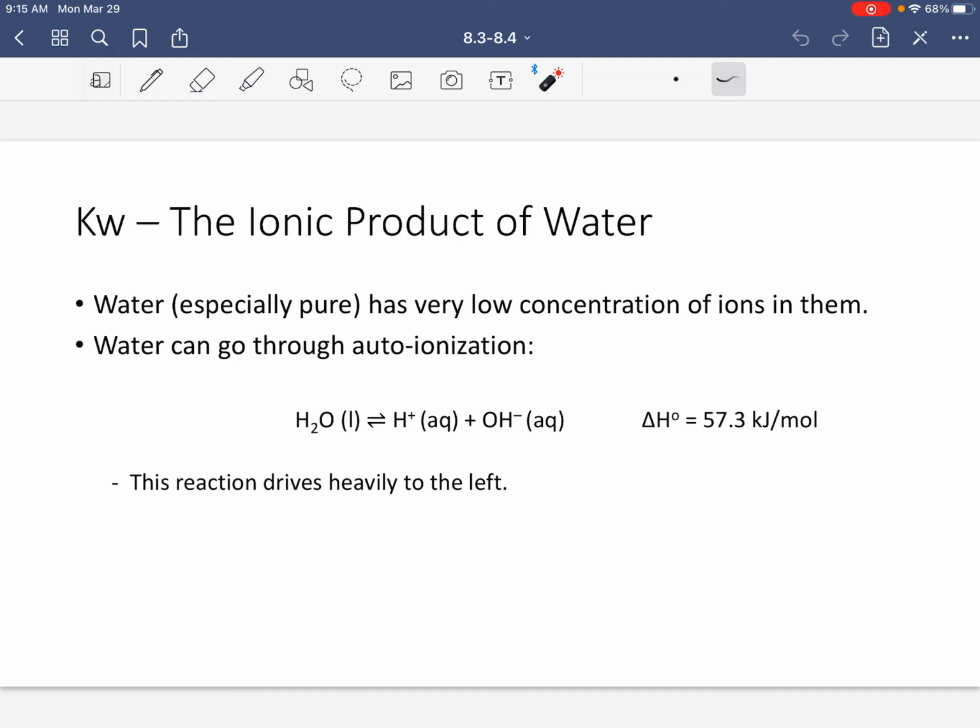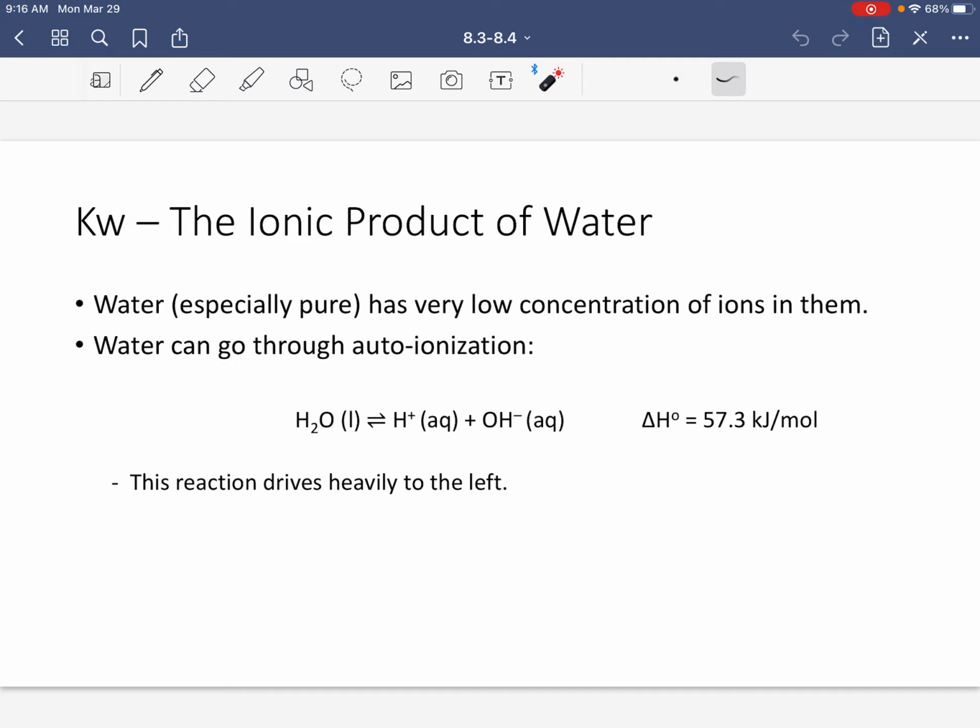But before we get into that, let's talk about Kw. The W here stands for water, so you're looking at some sort of equilibrium constant that has something to do with water. When water is in a pure form, it has a very low concentration of ions.